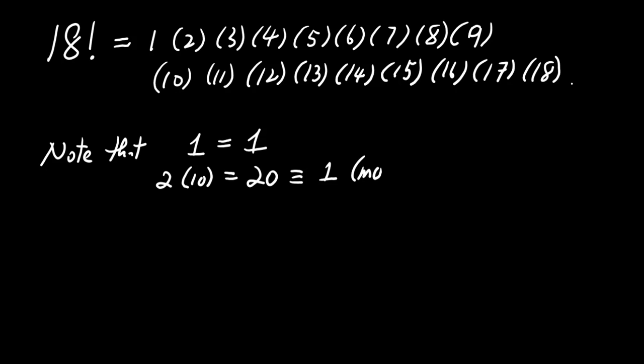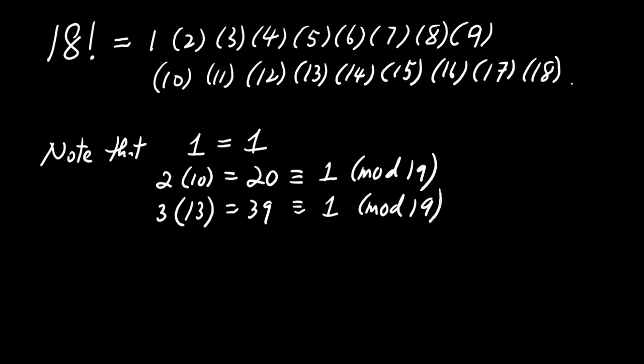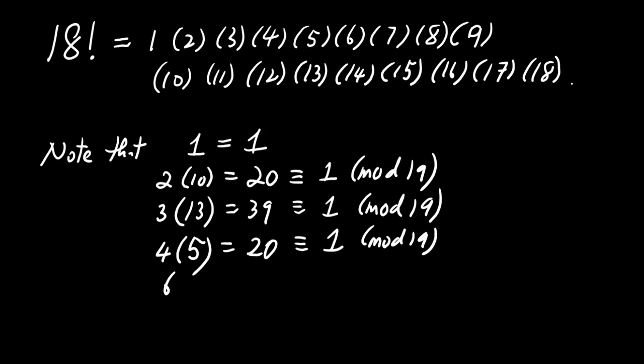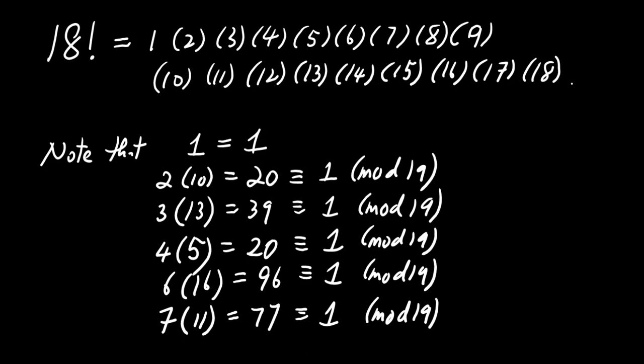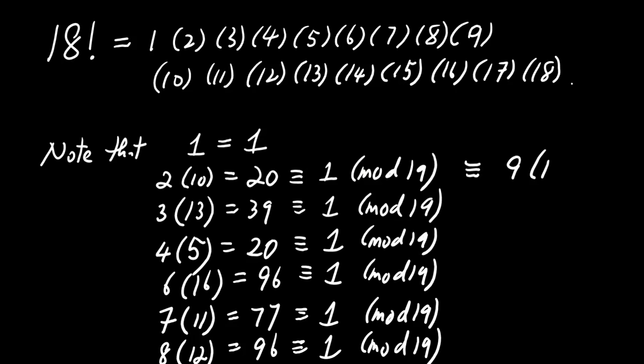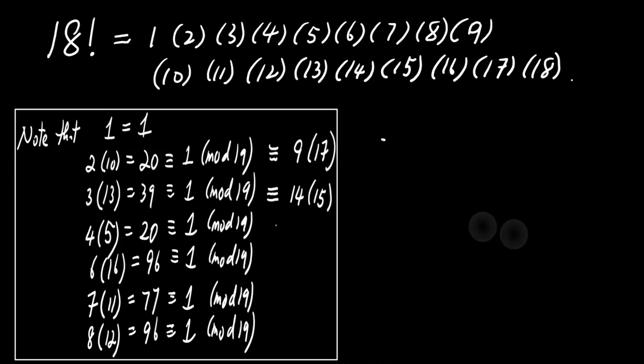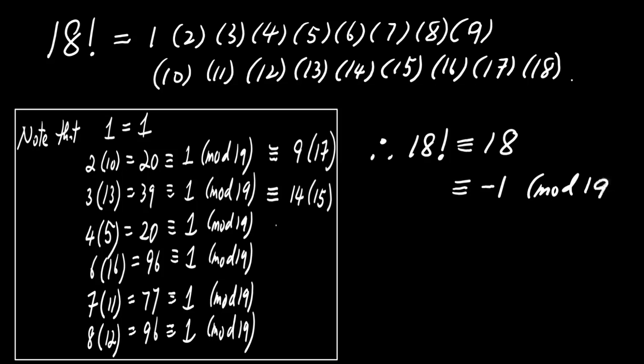The pairs are 2 and 10, 3 and 13, 4 and 5, 6 and 16, 7 and 11, 8 and 12, 9 and 17, and 14 and 15. This means that 18 factorial is congruent to 18 mod 19, which is congruent to -1 mod 19.